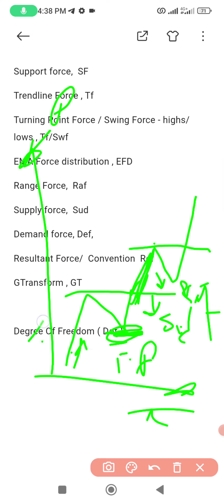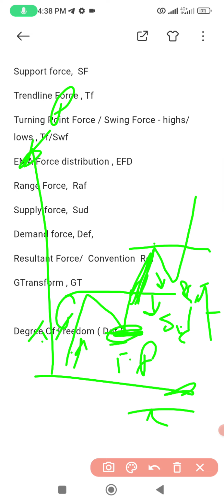So this is TF. When you represent all the forces that model the price movement in any given time frame of observation, that gives you the degree of freedom.